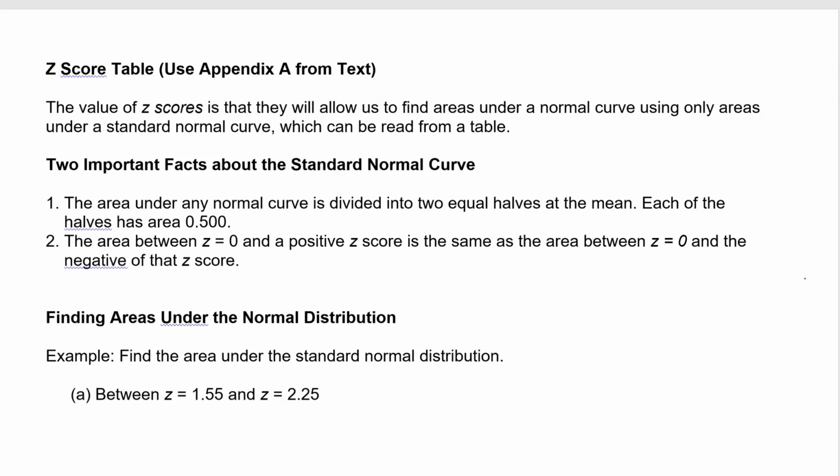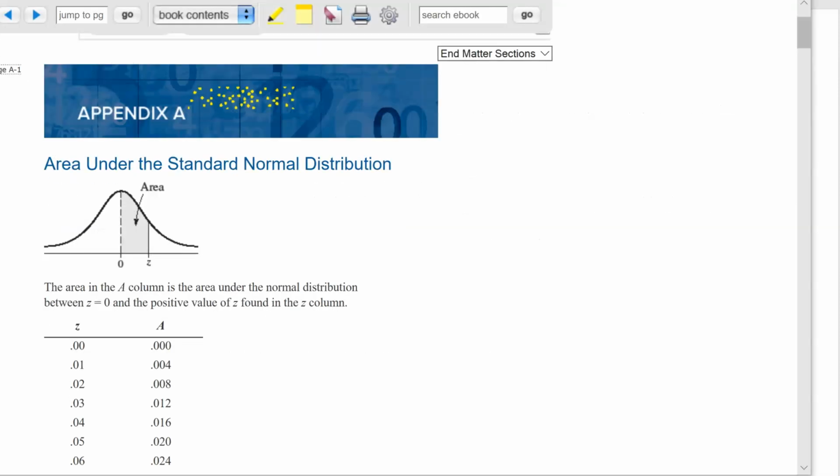All right, now we're going to look at the table from Appendix A in your textbook to find the area under the standard normal distribution. For these types of problems in your homework, you're going to be given a link to the standard z-score table, which looks like this.